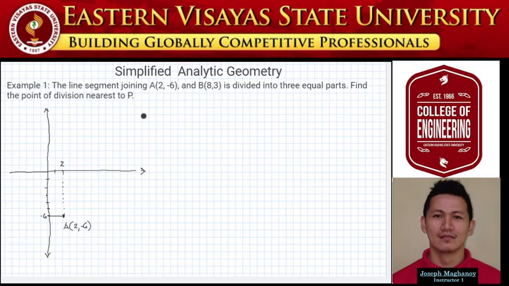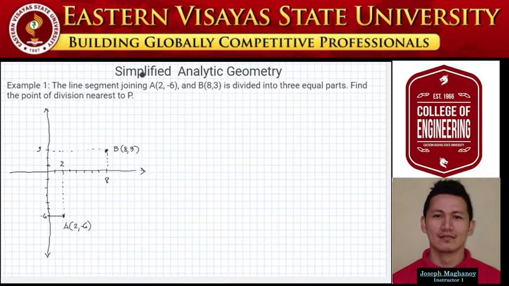Our second point is at x equal to 8 and y equal to 3. So we can plot the location of our point B. Our point B is (8, 3).